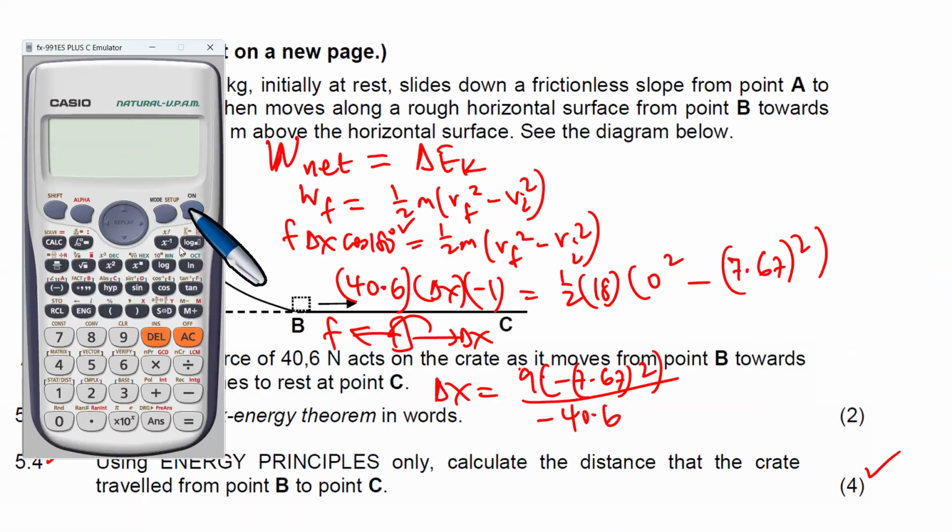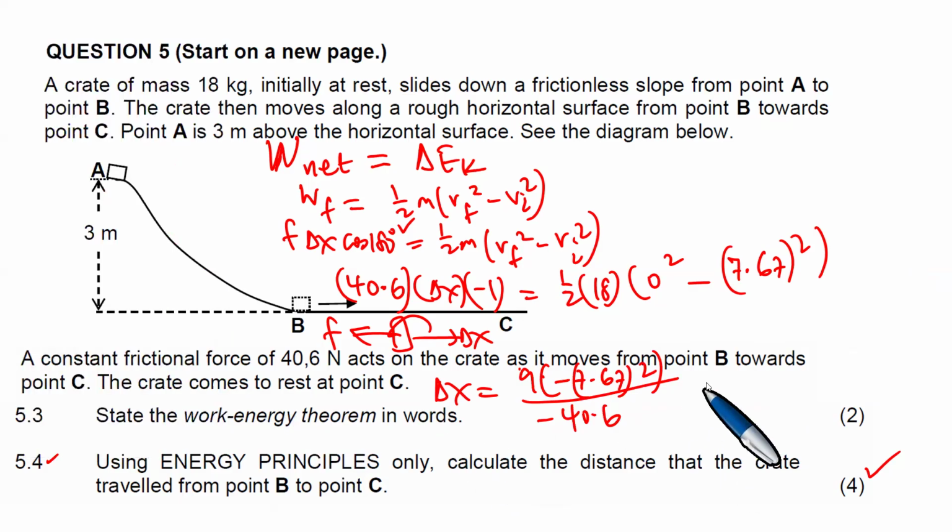So we have 9 times 7.67 squared divided by 40.6, which is 13.04 meters. This delta X is exactly 13.04 meters, and therefore it's going to travel 13.04 meters from B to C until it stops.